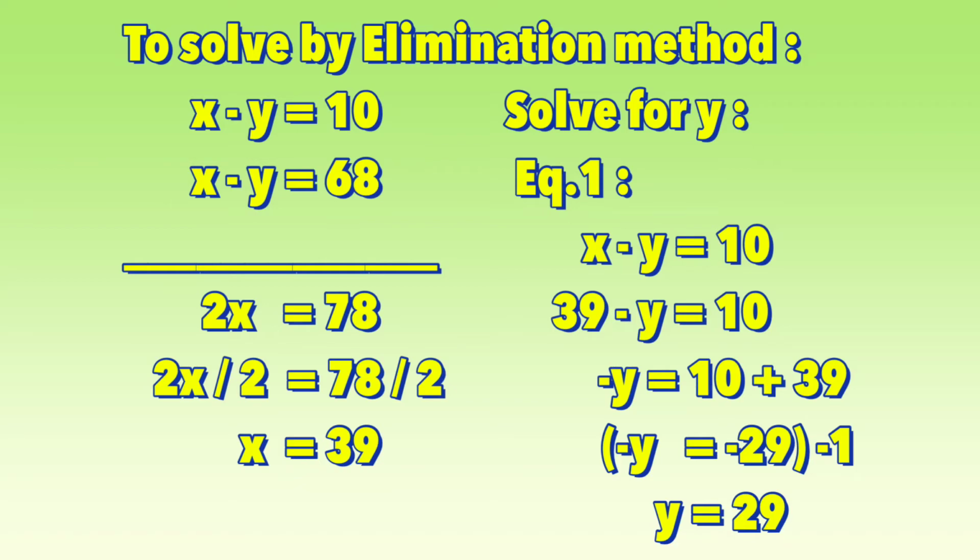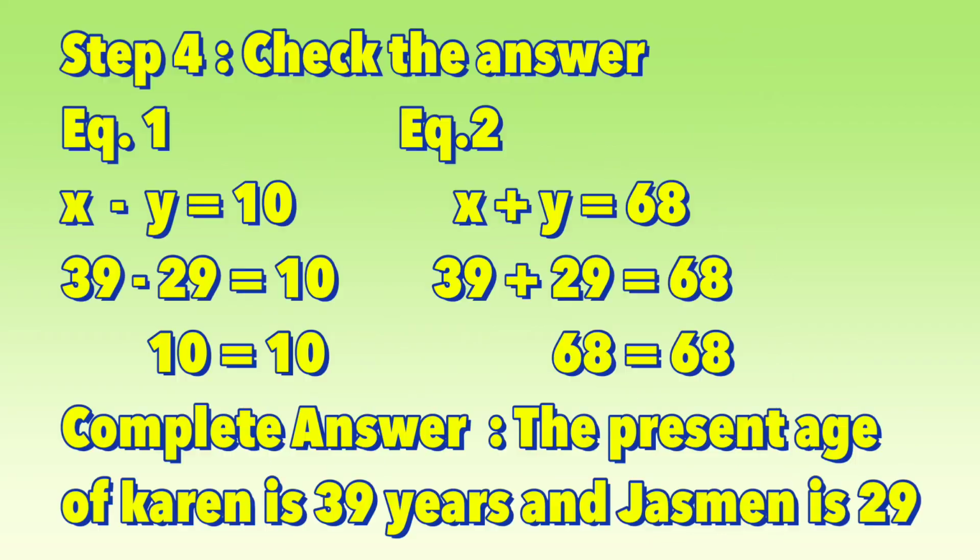So 10 minus 39 equals negative 29, and negative y equals negative 29. We divide by negative 1 on both sides in order to eliminate the negative sign of the variable y. So our y is now positive: y equals 29.